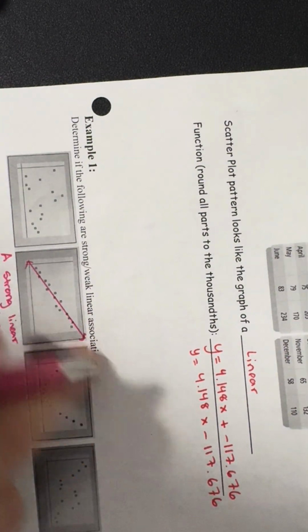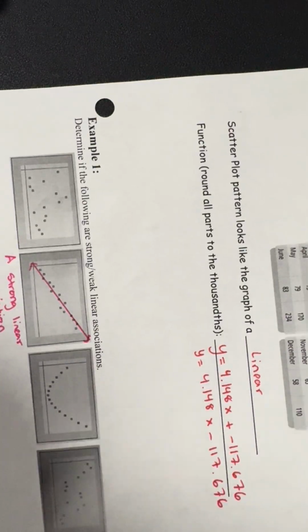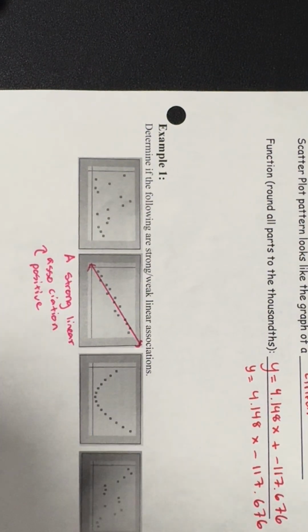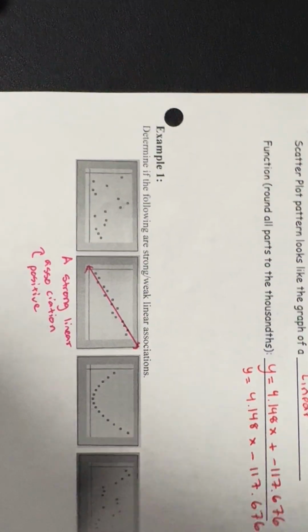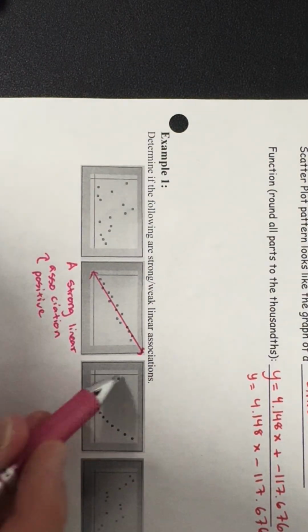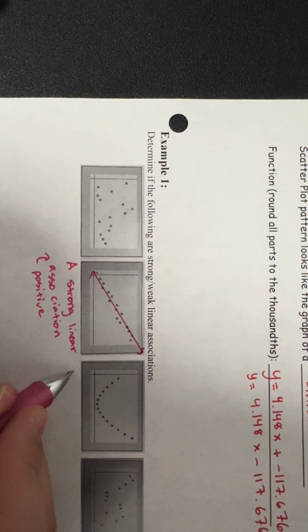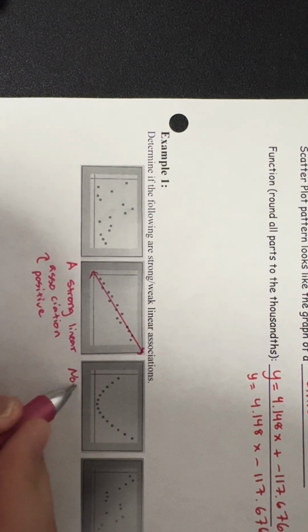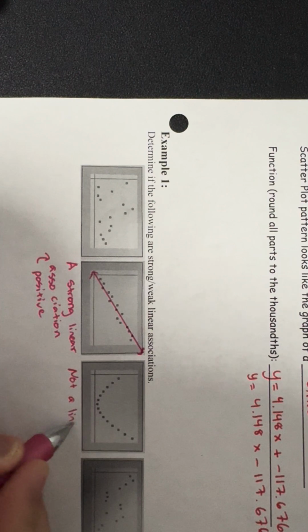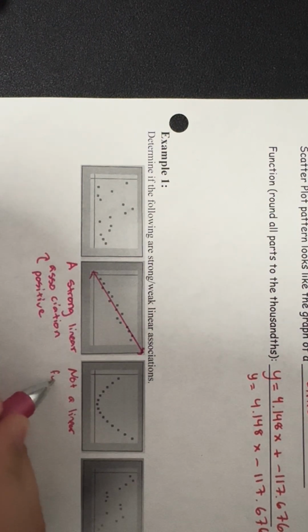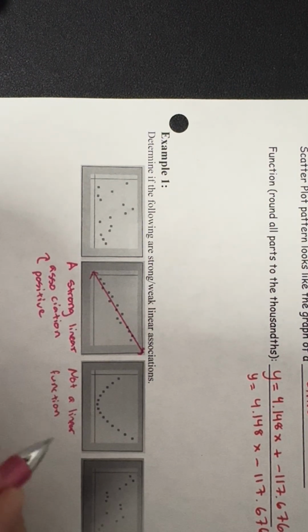Strong linear positive association or regression, it doesn't really matter. If we look to the right of it, this is not linear. We would just say not a linear function, no association.